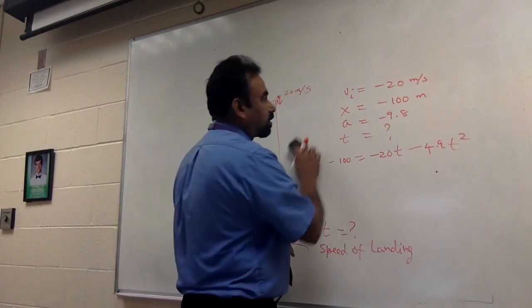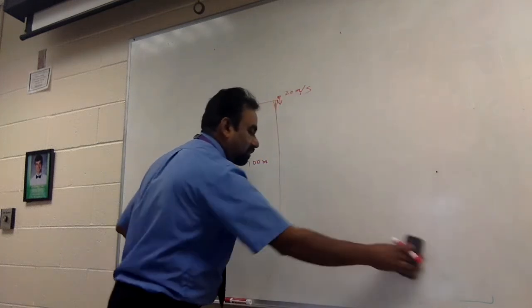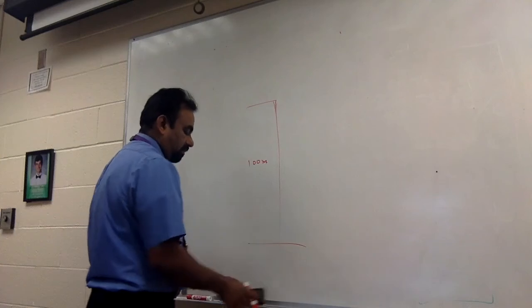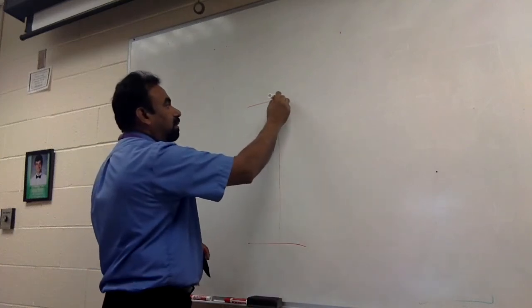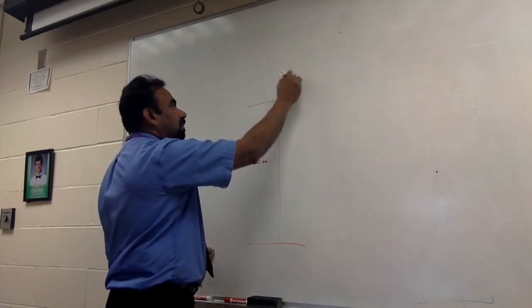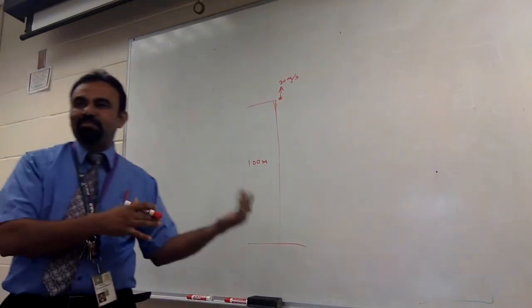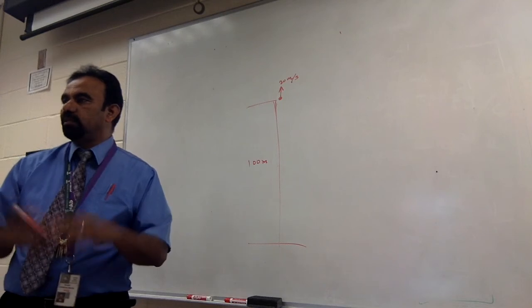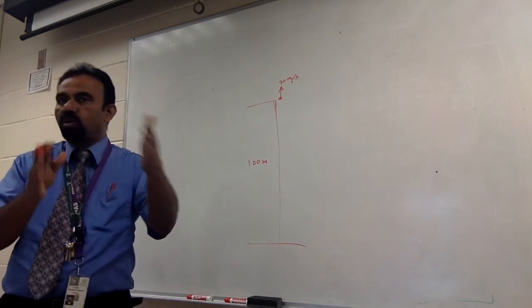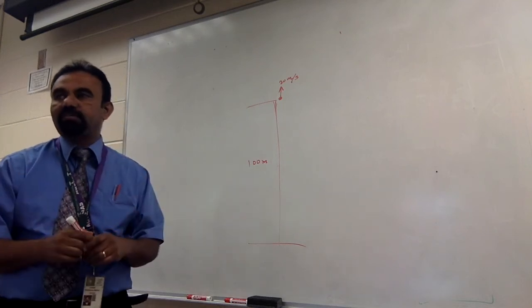Now I'm going to flip this question a little. This time it is thrown up at 20 meters per second. We're not going over the answer; it's the same as last time. Quadratic equation, solve it and find it.